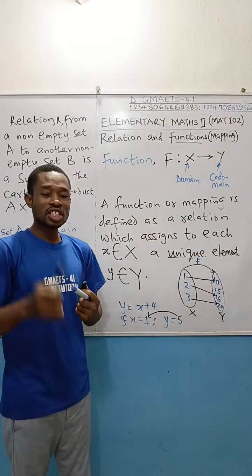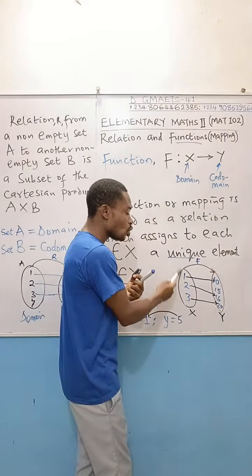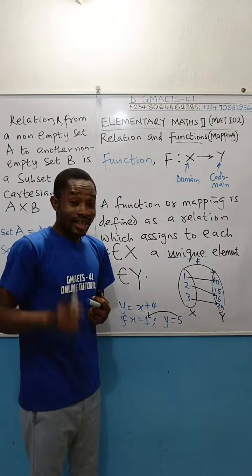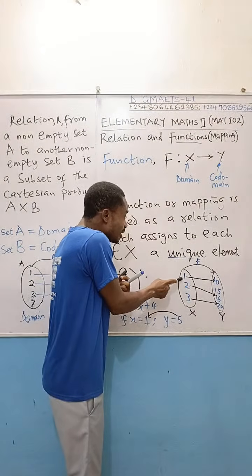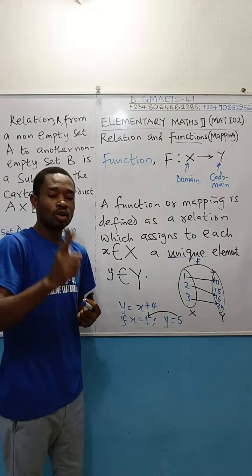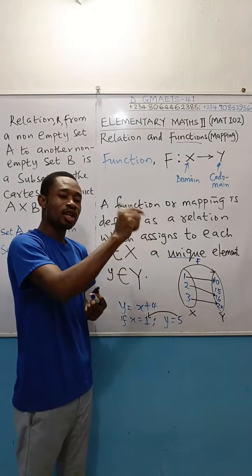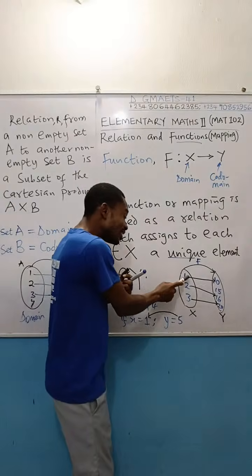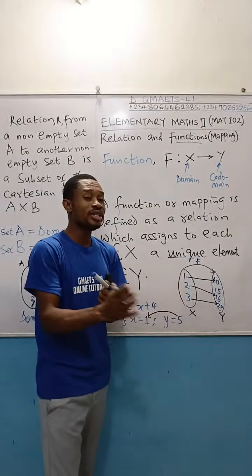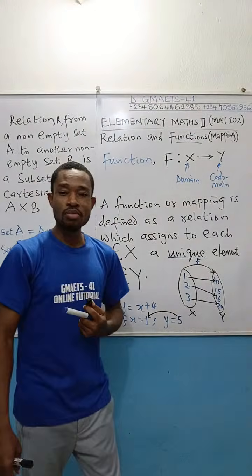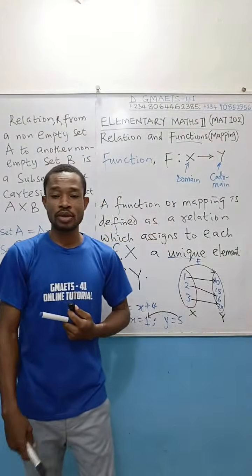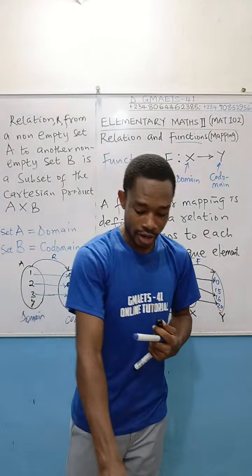Unique means that one element in the domain can only be assigned to one element in the codomain. That is what makes it unique. Don't worry, as we move on to the difference between functions and relation, that particular concept will become very much clearer.